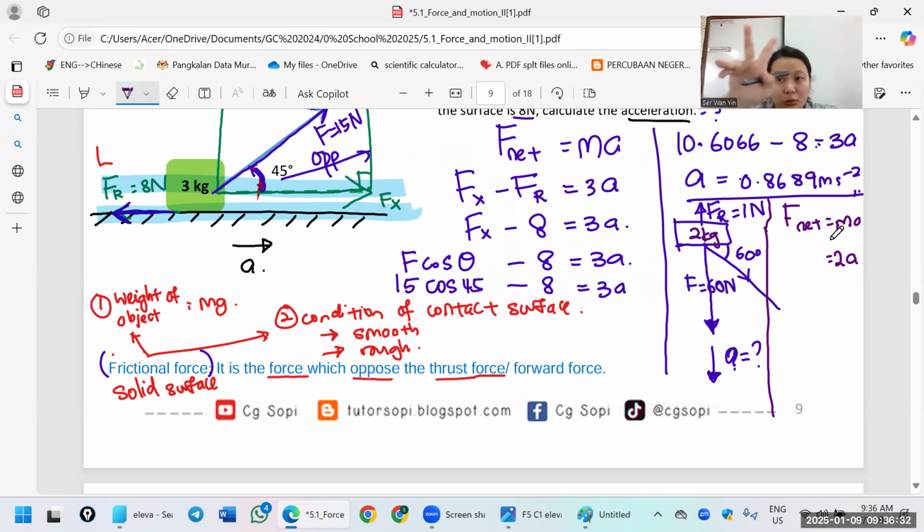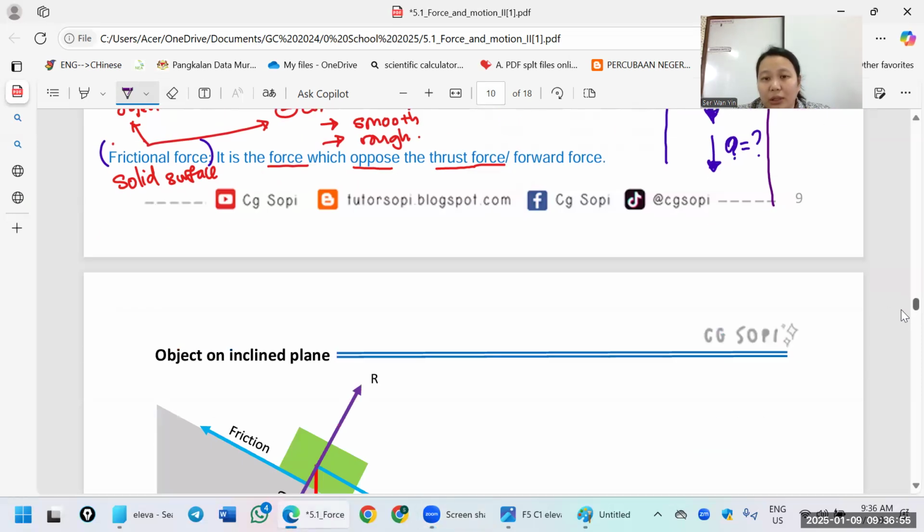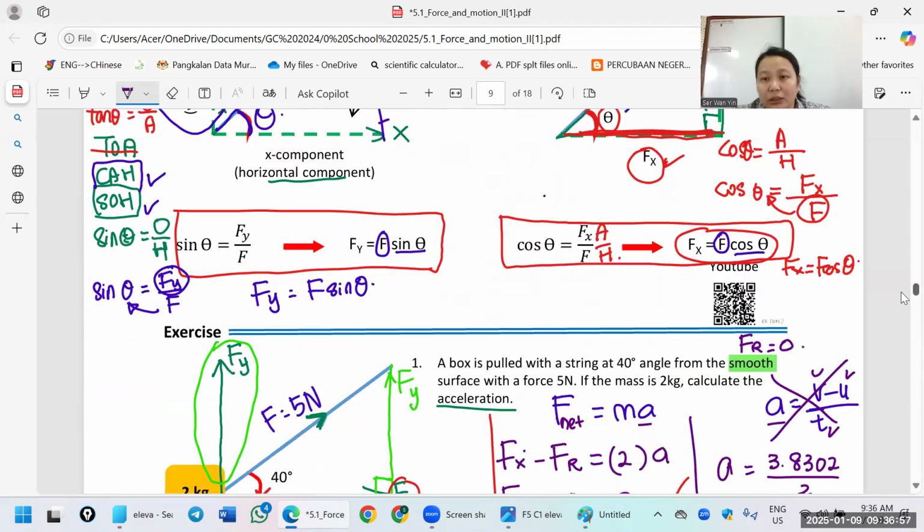There must be 2 forces. How to write net force here? Quick, we still have one more example here.